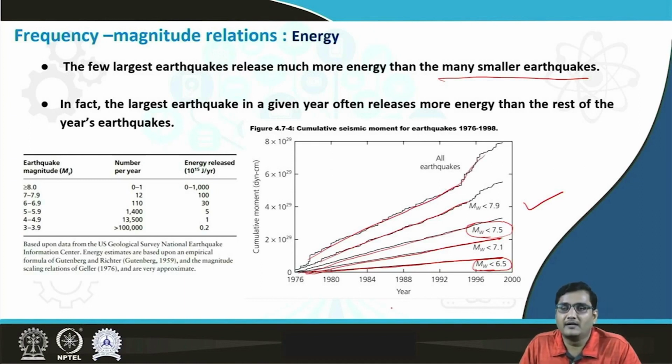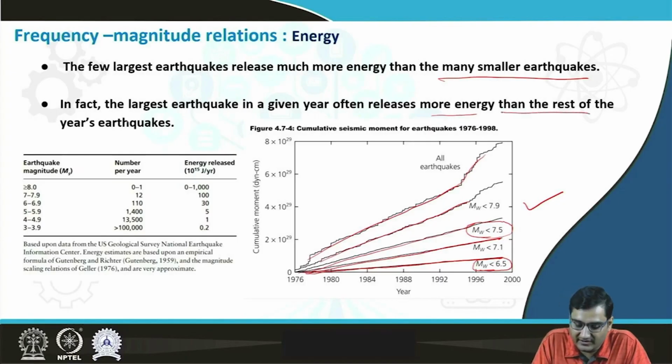So it says that the moment contribution by the larger earthquakes itself is very large, or more than many smaller earthquakes. In fact, the largest earthquake in a given year often releases more energy than the rest of the year's earthquakes.